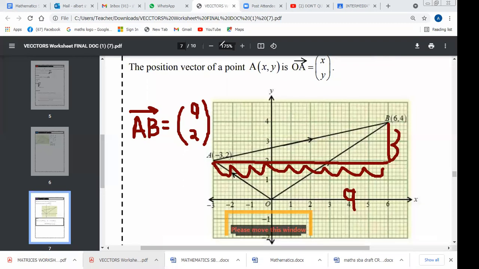Just like in coordinate geometry, when you get a line segment and 2 points and it asks to find the gradient, we can either draw a triangle and find rise over run, or we can use the formula y2 minus y1 over x2 minus x1 to get the gradient. Either one will work. So that was what I was showing you.